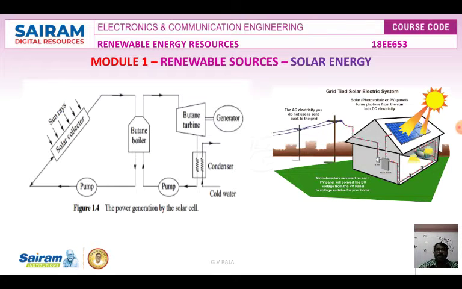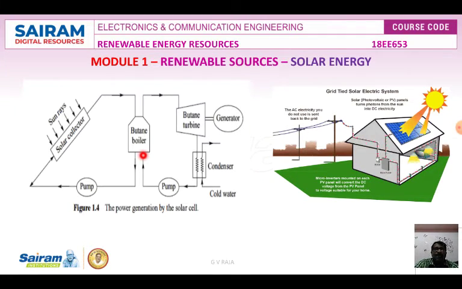Here I said there are two routes. One is the solar thermal route, another one is the solar electricity route. In the solar thermal route, in the first diagram, the sun is a continuous fusion reactor in which hydrogen is combined to form helium and liberates a large amount of heat in the process.